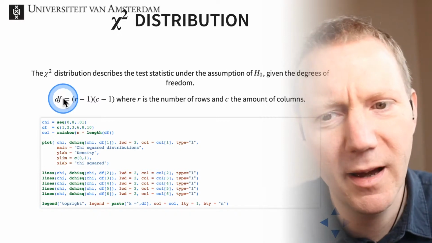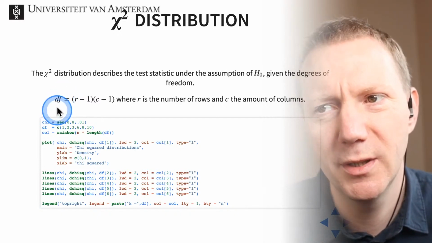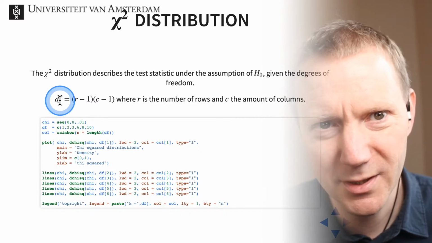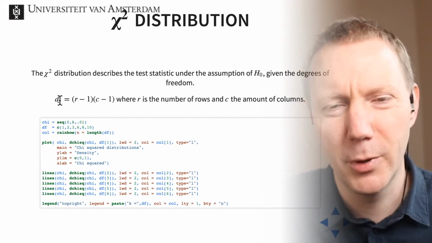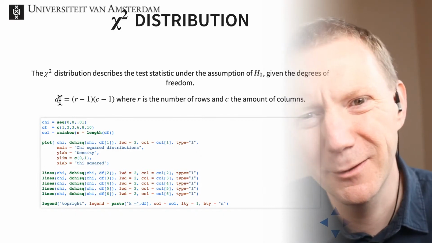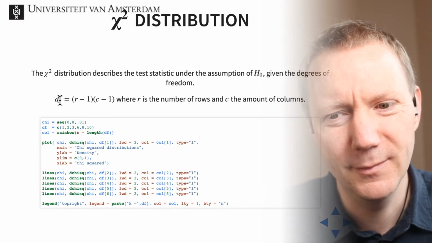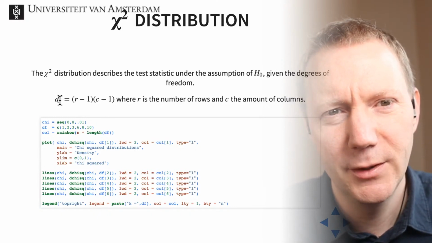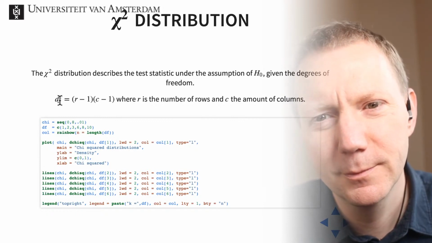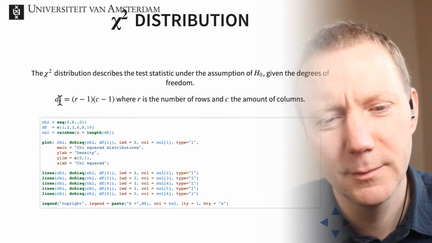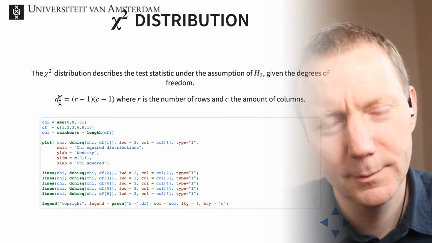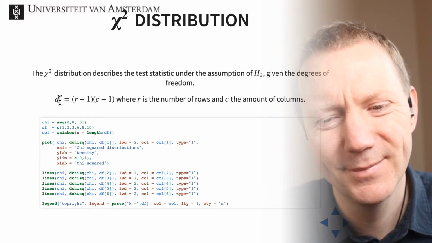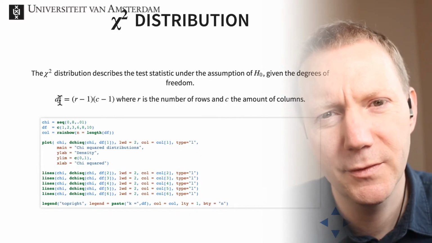And every time we have a probability distribution that contains degrees of freedom, what does that mean? What does it mean if a probability distribution has degrees of freedom, in terms of the shape of the distribution? Anyone? Well, the shape changes depending on the degrees of freedom. Yes, very good.